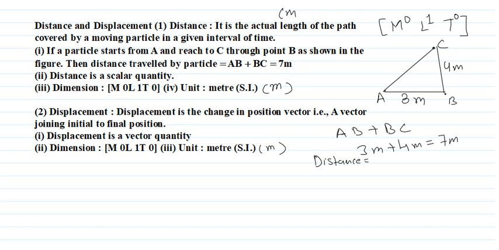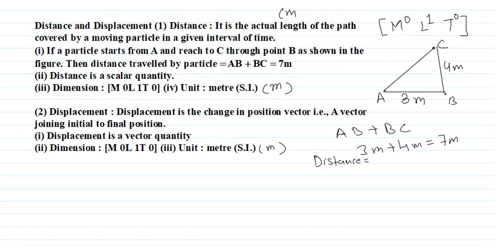It is a straight line because a straight line has a direction. So the straight line between A and C here. The length of the straight line drawn between the initial point A and the final point C gives you the displacement.